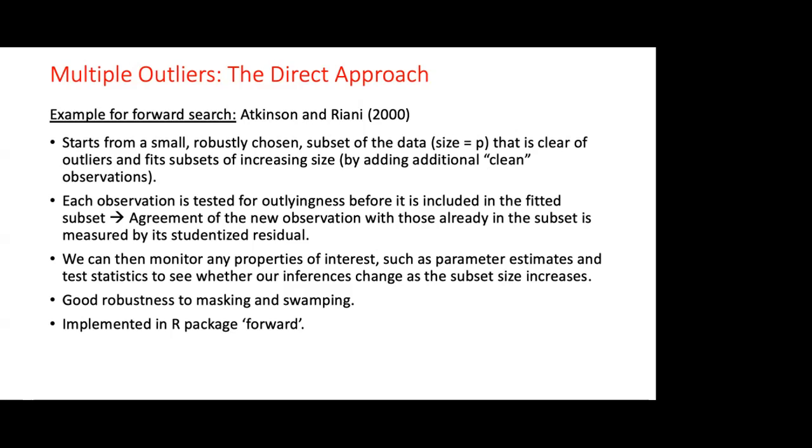P is not the number of predictors. That is nonsense. Please scratch that. And that subset of the data is clear of outliers, and then to this initial clean data set, we incrementally increase the size by adding more cases.